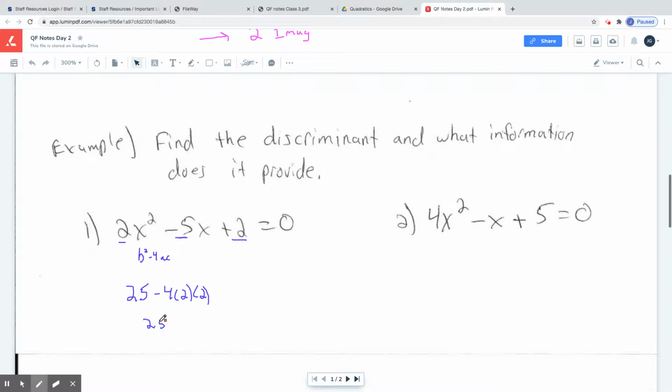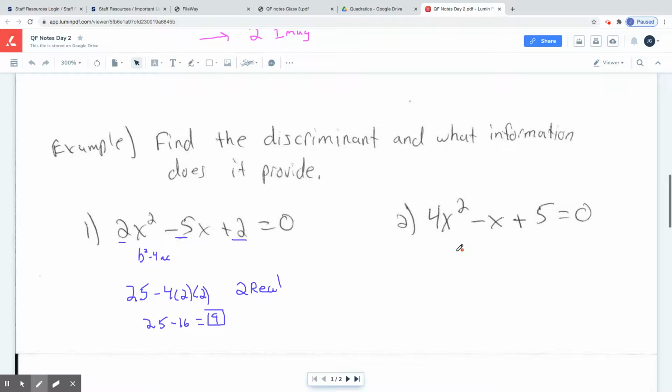So I get 25 minus 16, which equals 9. That is positive, which means two real solutions. So the discriminant is 9, which means I would end up with two real solutions.